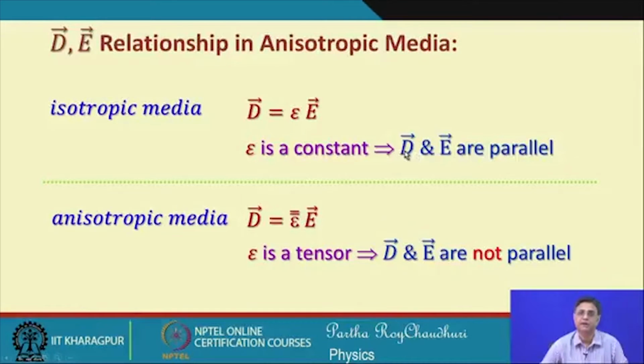So, the electric field vector and the displacement vector will point along the same direction, whereas in the case of anisotropic media D and E in general are in different directions. Epsilon is a tensor in this case, which is a 3 by 3, 9 component tensor, and as we have mentioned, D and E are not parallel as a consequence of this tensor property of the permittivity of the anisotropic material.